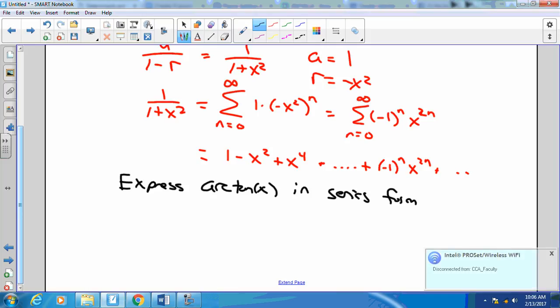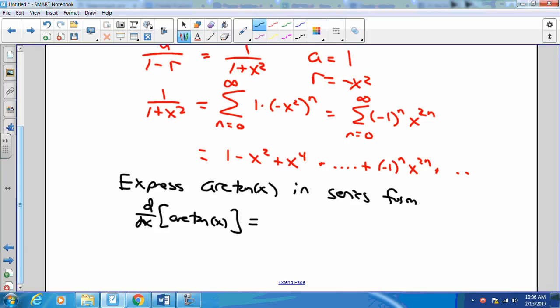Express arctan of x in series form. Now, I look at this and I go, there is no way I can put that in geometric series form. So let me play around with some calculus and see if I can get anything. Let's find the derivative of arctan x. Yep.